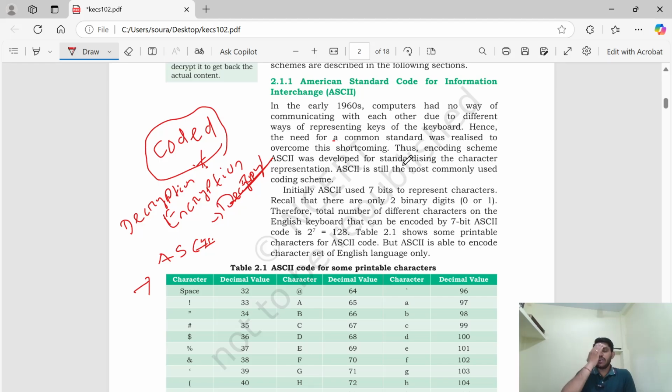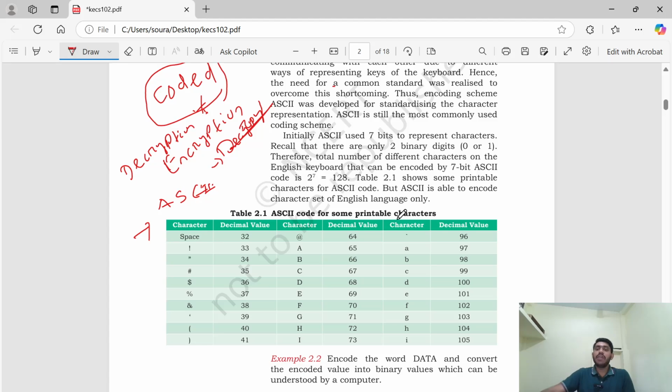So the need for a common standard was realized to overcome the shortcoming. Then ASCII was finally found as a way to represent the characters from the keyboard.